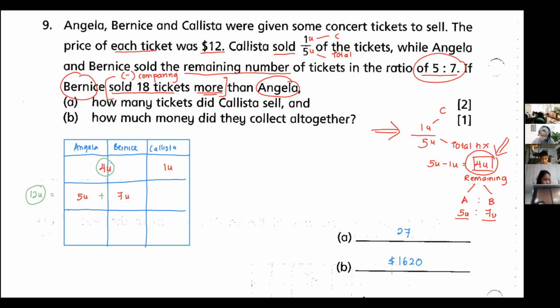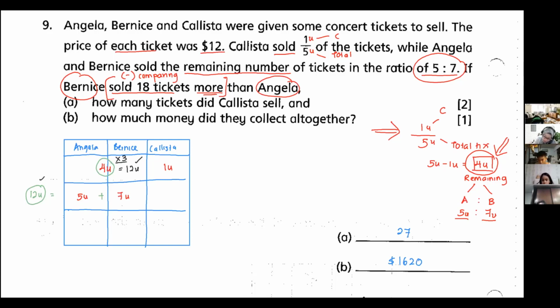The total is repeated, but not the same, so we have to do something with it first. So times 3 here. Once I times 3, it is 12 units. Now 12 and 12 are the same.